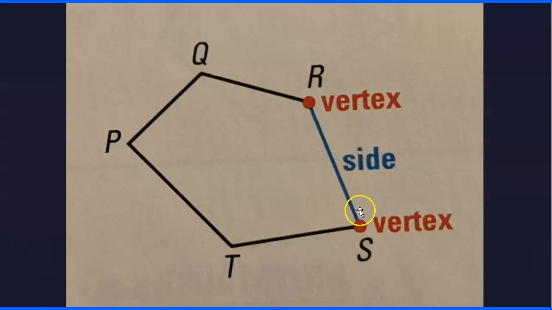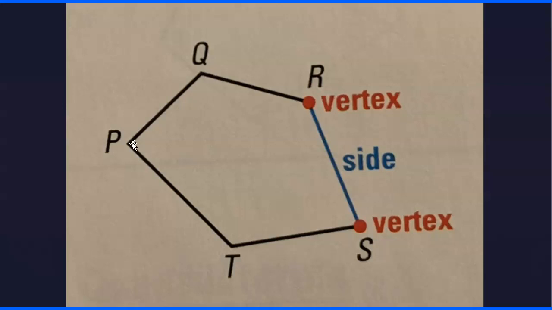Each of these is called a side. The way that you would refer to this is you'd have to say all these letters: P, Q, R, S, T. So the polygon P, Q, R, S, T, or T, S, R, Q, P. That would be how you would name it.